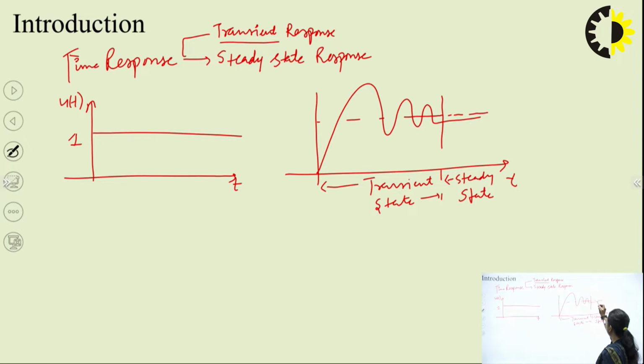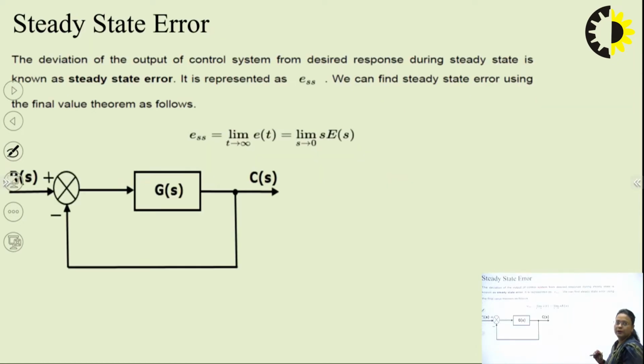You can see the deviation of the output with respect to the input. This will be the input and I am getting this output, so this deviation will be called the steady state error. We get the steady state error in the steady state. The formula for the steady state error will be limit t tends to infinity e(t).